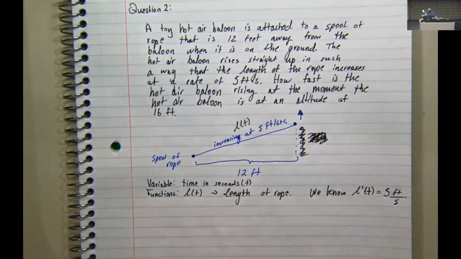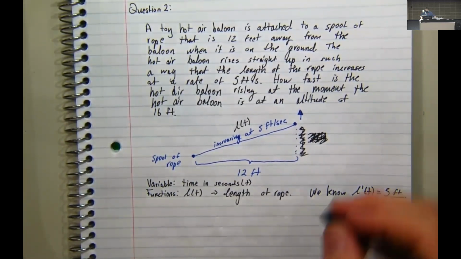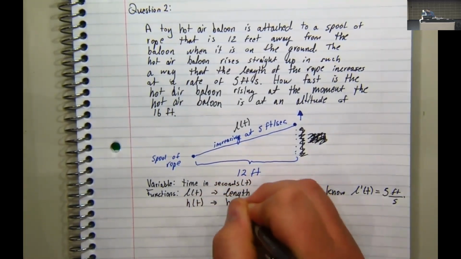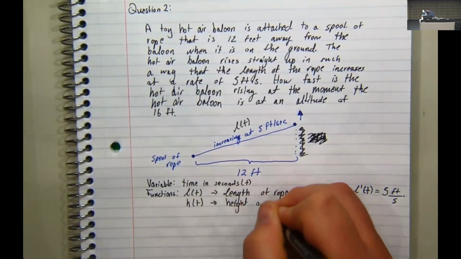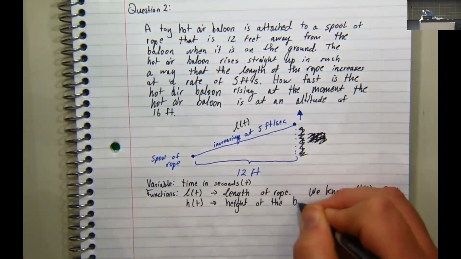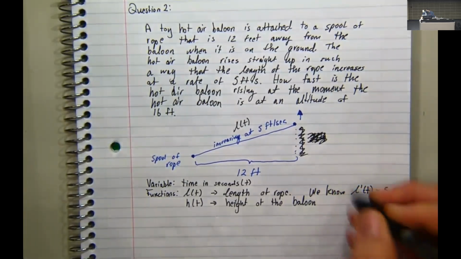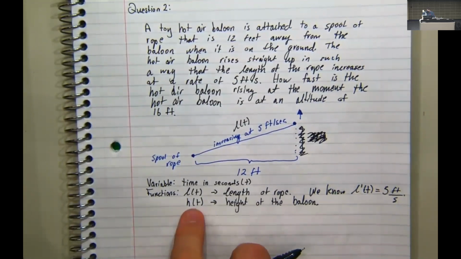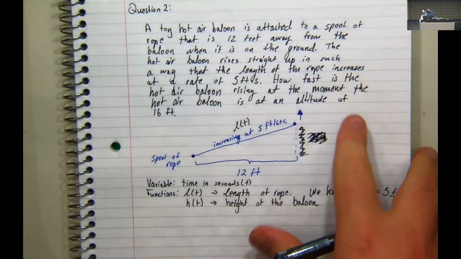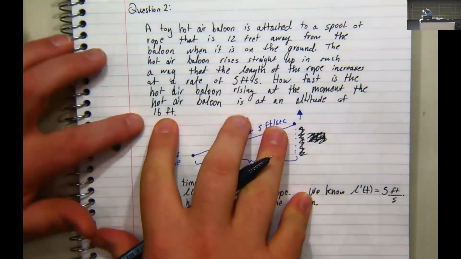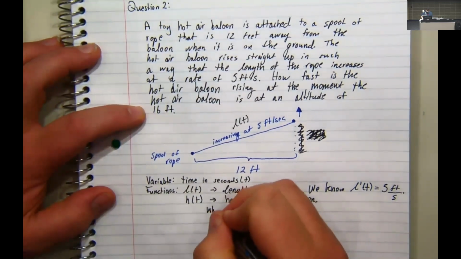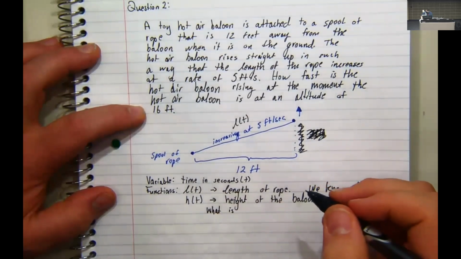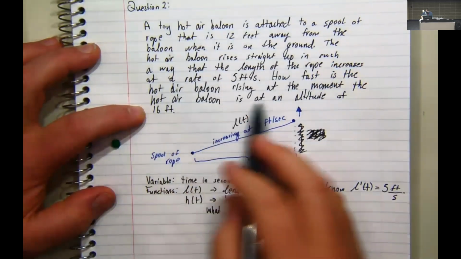And our other function is h at t, which is the height of the balloon. We don't know how this is changing, but we are looking for how fast the hot air balloon is rising.